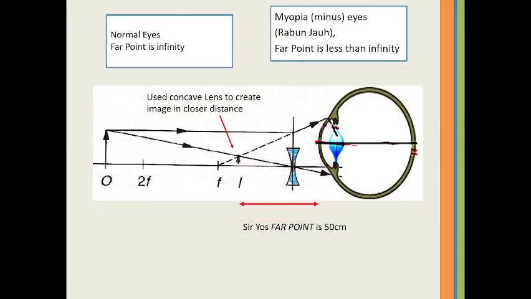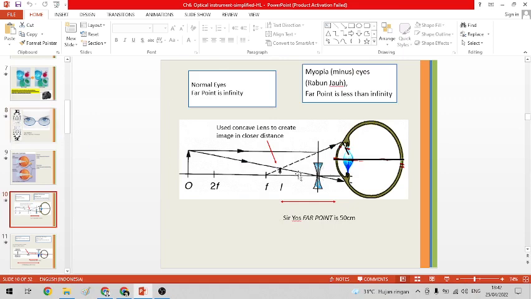Okay, I will explain a bit about this diagram. Let's go back to myopia or minus eyes. The object is far, and this person with minus eyes cannot see this object clearly, so he needs to use a concave lens. The concave lens will create an image here, closer than the original object.